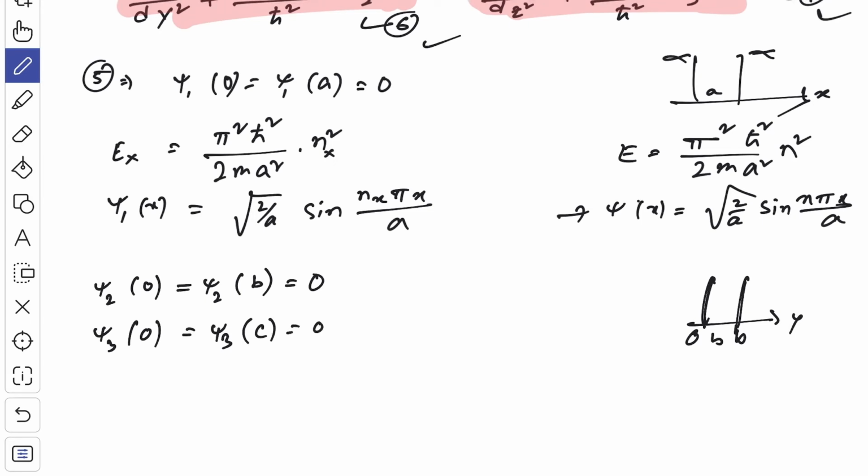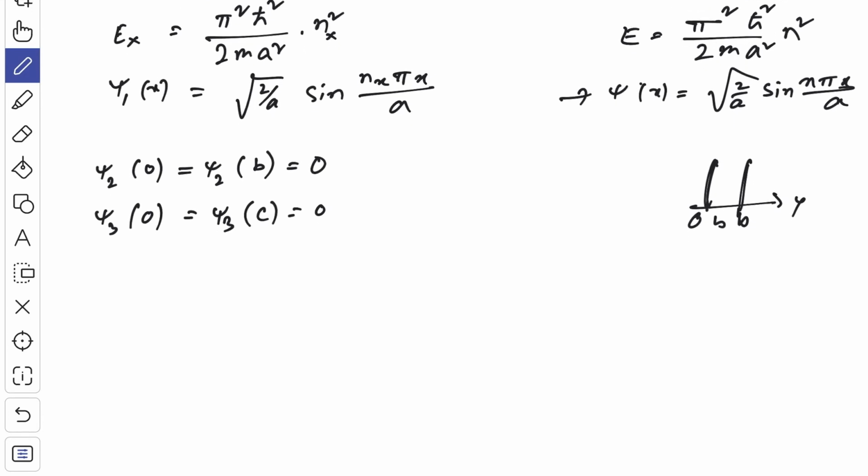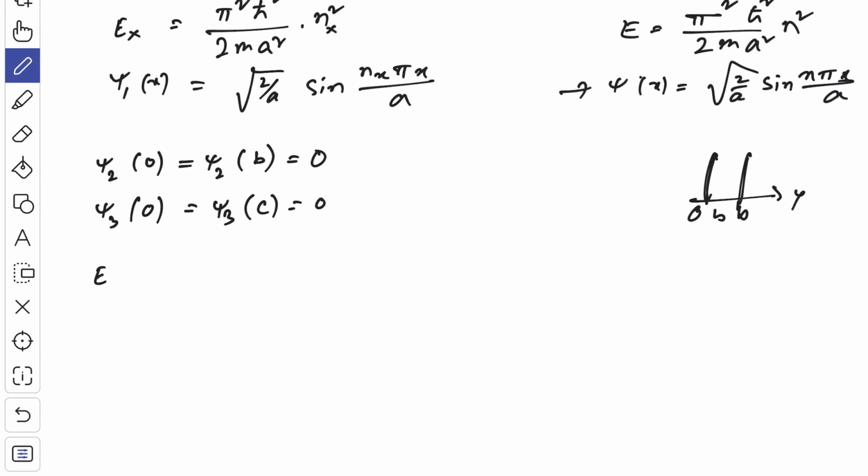So therefore, the corresponding energies will be given by Ey equal to pi square h cut square by twice m b square into ny square, that's what we will get.